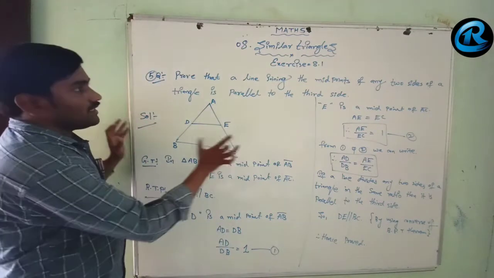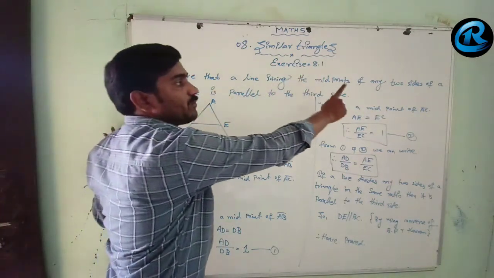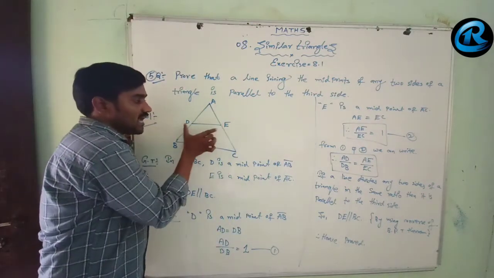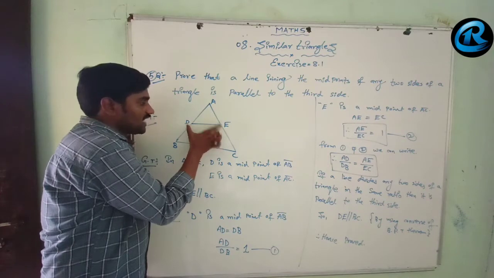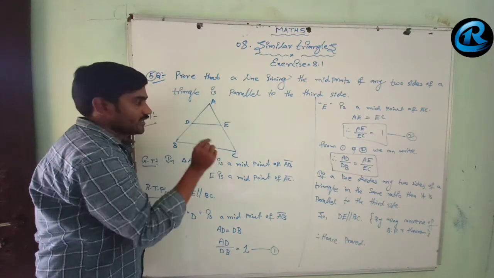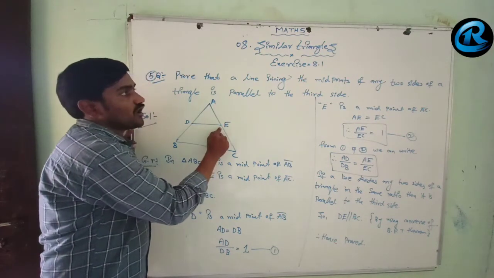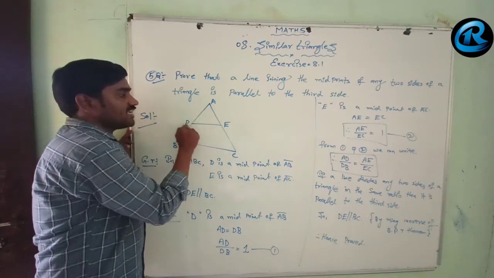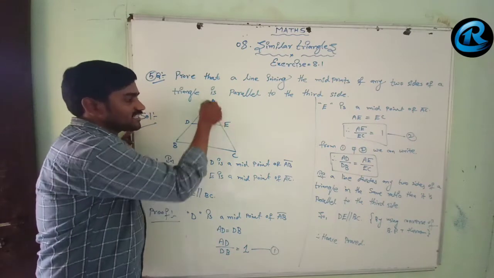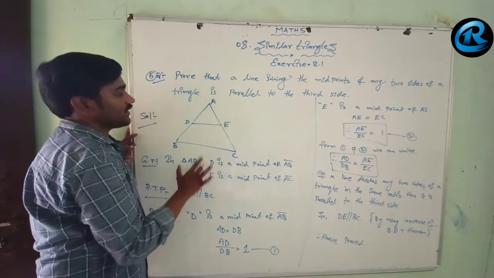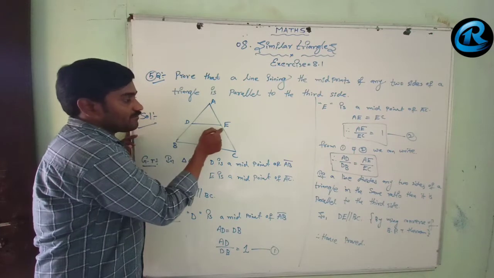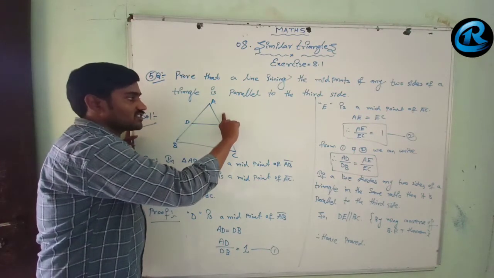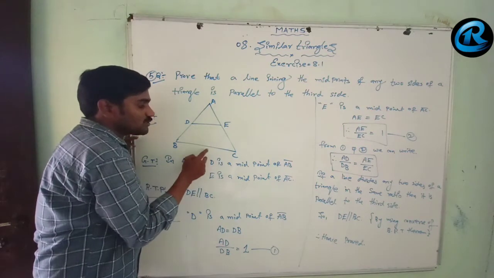Suppose here triangle ABC, I have chosen two sides, AB and AC, and joined the midpoints of these two sides. D is a midpoint on AB, E is a midpoint on AC.